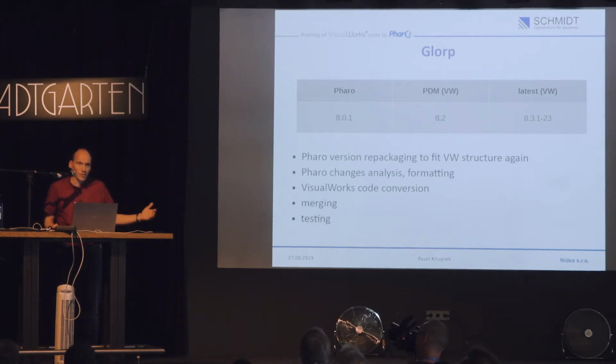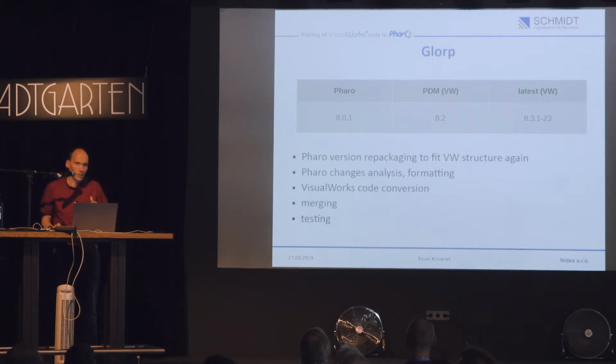But the very latest version of Glorp is even newer. It's 8.3.1-23. So because it's a critical part of our infrastructure, we needed to update it. So what we did is that we needed to look at the Pharo packages and repackage them to again fit the VisualWorks structure.